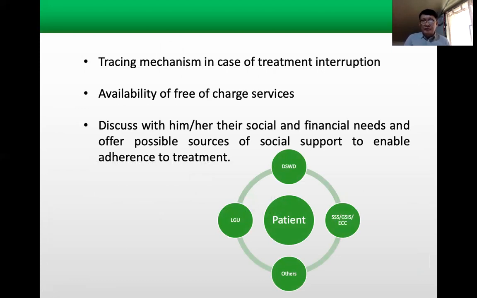This is just the same as when we treat an active TB case. Availability of free-of-charge services. We can also discuss with him or her their social and financial needs or offer possible sources of social support to enable adherence to treatment, like the DSWD, SSS, GSIS, others, and from the LGU.